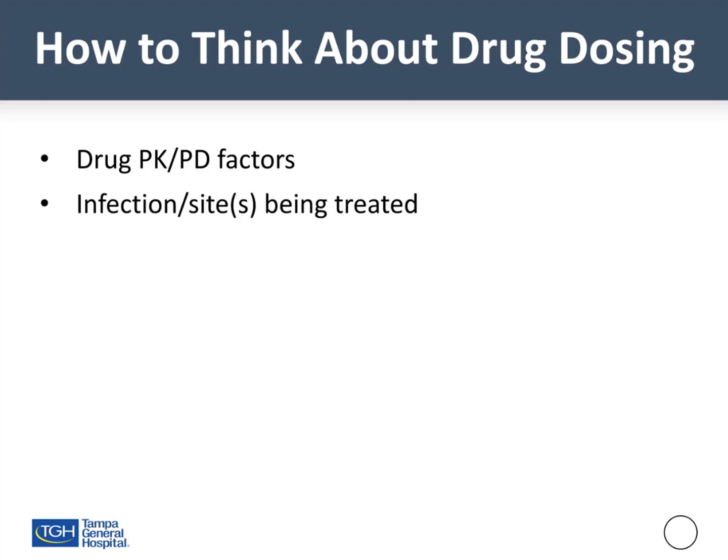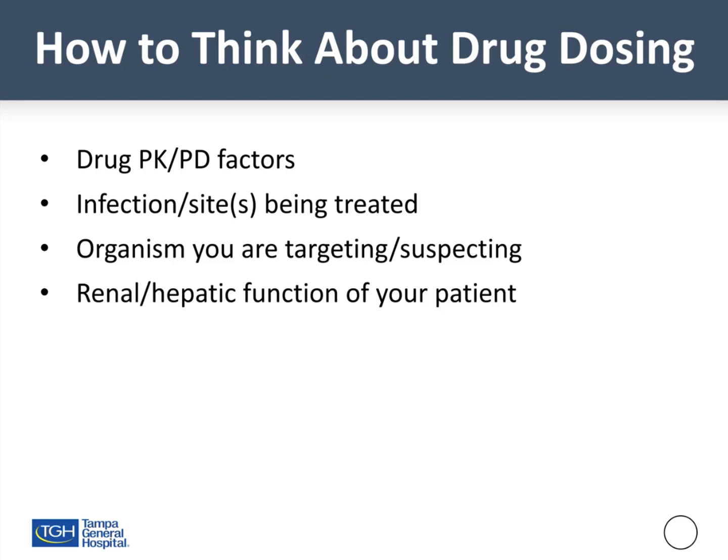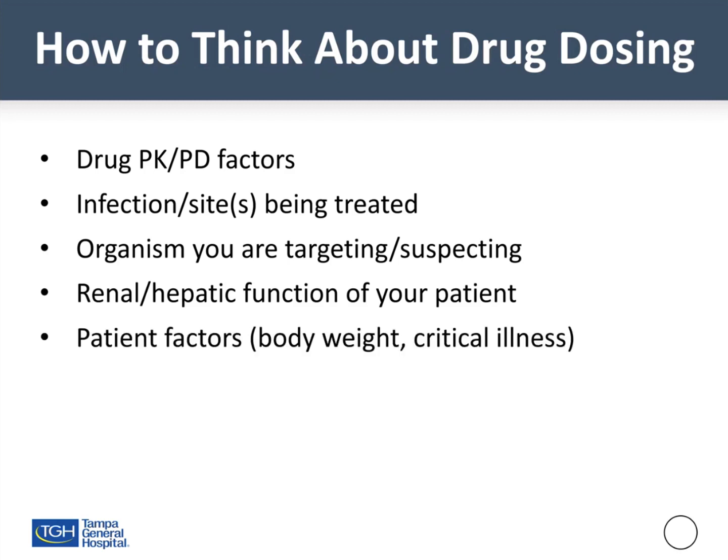We'll then talk about how maybe the type of infection or the site of infection will influence your dosing or drug choice. The organism that you're targeting is also going to influence your dose in many situations. Potentially the renal and hepatic function of your patient may not influence the drug you choose, but definitely can influence how you're going to dose that drug. And then finally, patient-specific factors such as weight, critical illness.